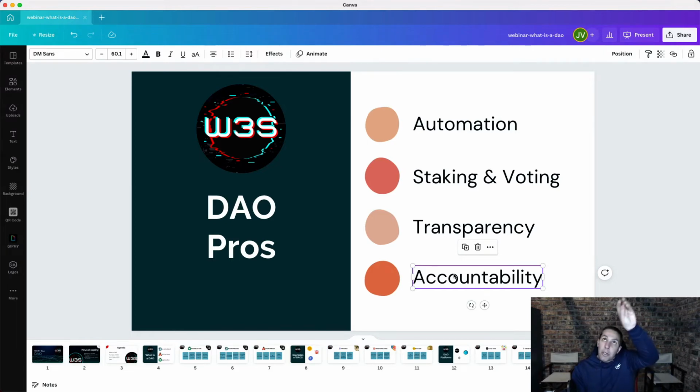It's not executives on the top floor and the rest of the company. It's more like a town hall meeting where everyone is together. And every single person in that town hall has a stake in this community or this organization. And so everyone together holds accountability for seeing things through on a DAO versus just 3 or 4 people. So it just changes that dynamic as well.